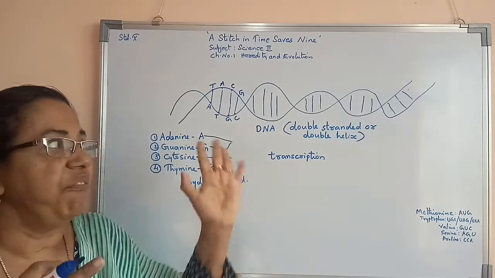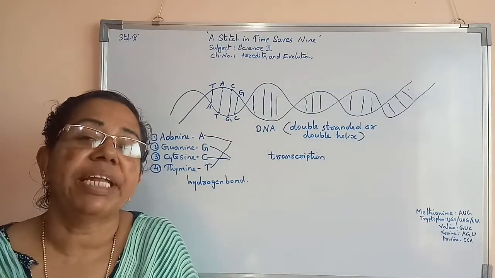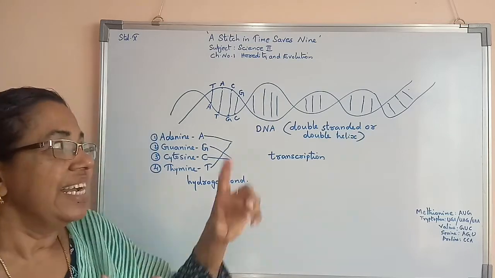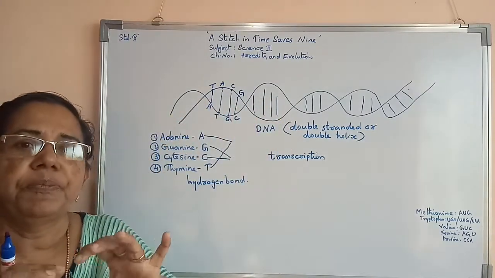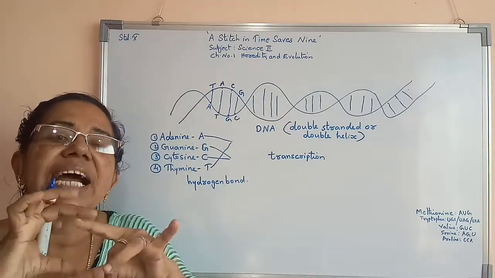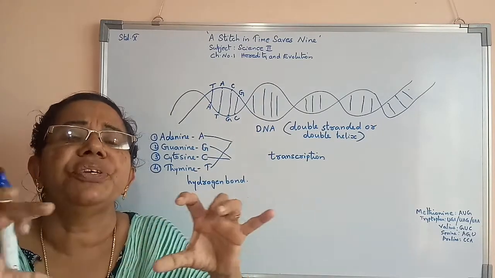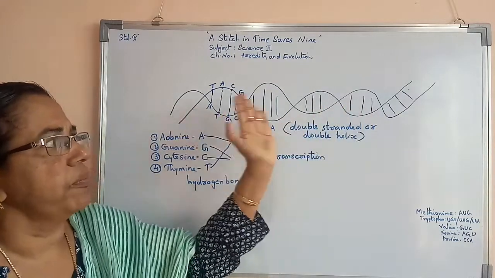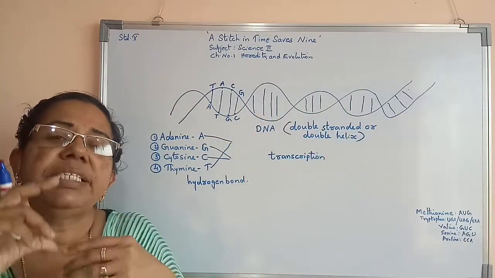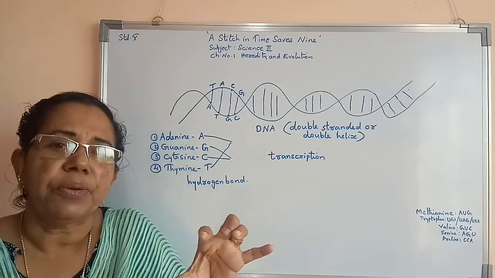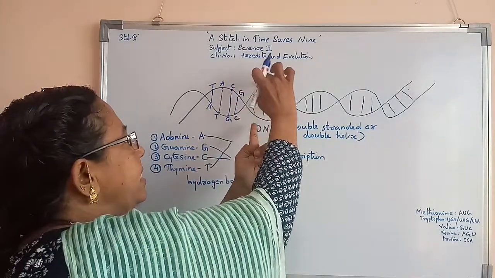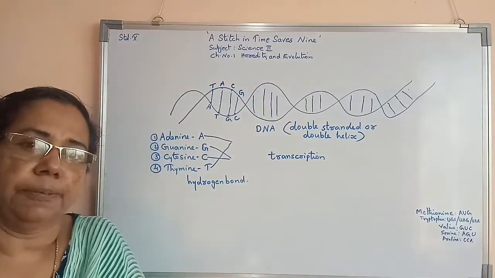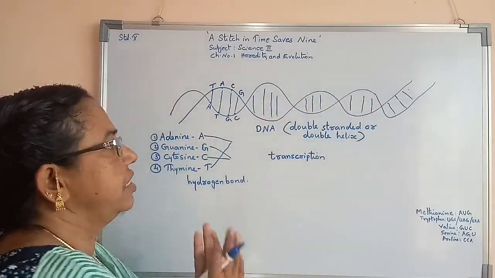At a time, transcription won't take place everywhere. Where transcription takes place, that particular place has DNA in an unwound or untwisted condition. The remaining place has the same formation. Where messenger RNA forms, that particular place, the strand will be lying in a parallel condition. The other place is in the same condition.